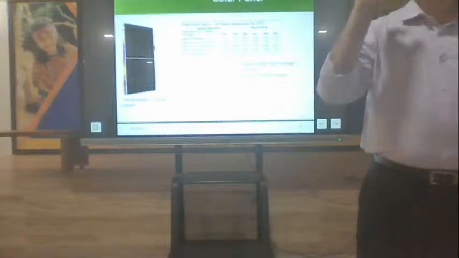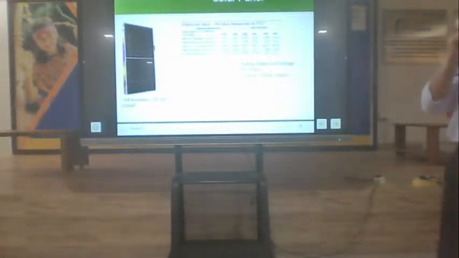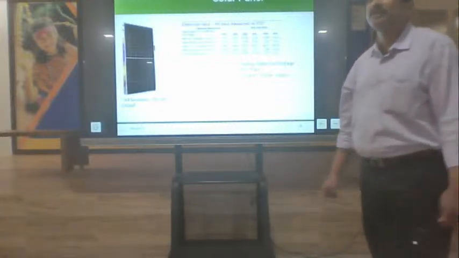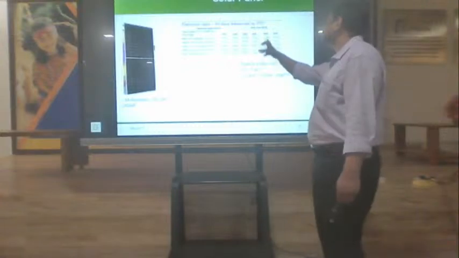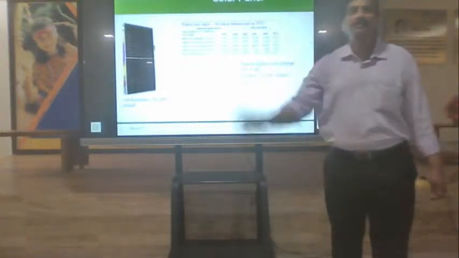So a centimeter square of a 0.6 volt cell is going to give you 30 milliamps. Imagine how many cells you require in a 540 watt panel. You require a large number of cells.